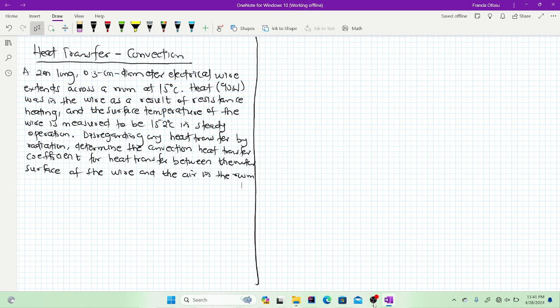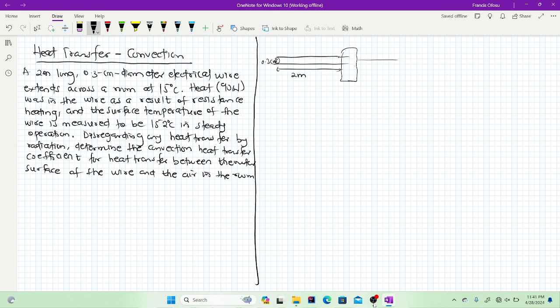Now we have a question which says that a 2-meter long, 0.3 centimeter diameter electrical wire. So we have a wire which has a diameter of 0.3 centimeters and a length of 2 meters across a room at 15 degrees Celsius. So now we have our room, right? It extends across the room.